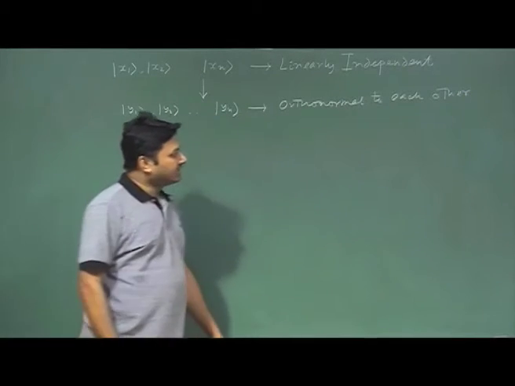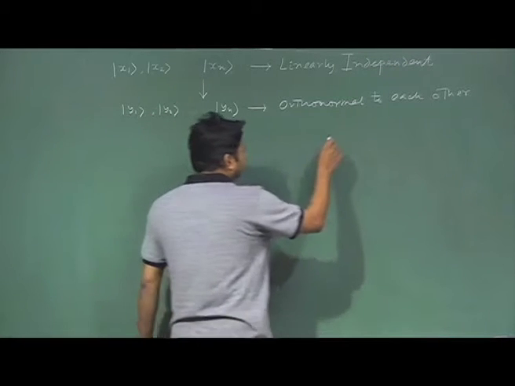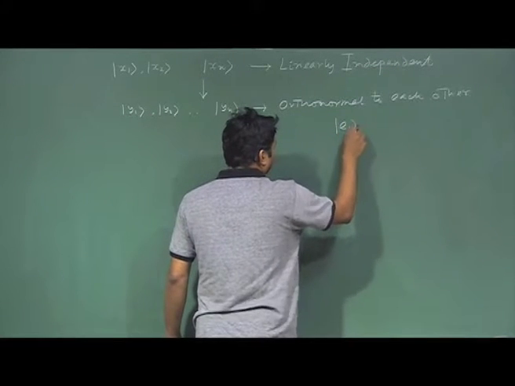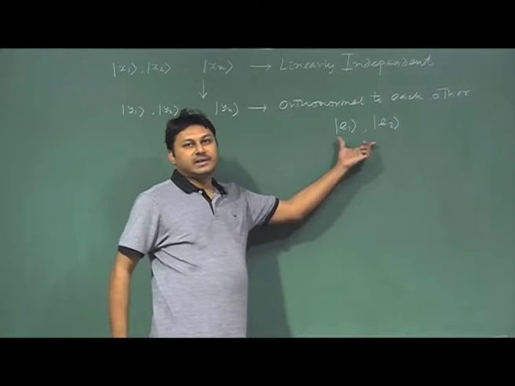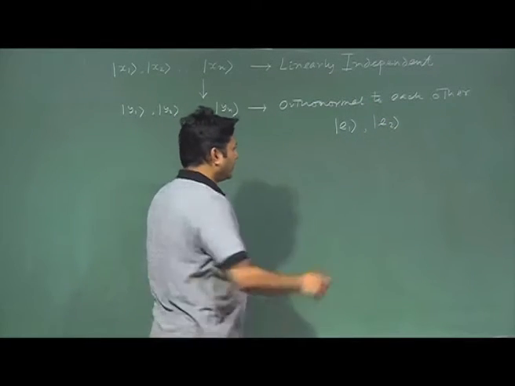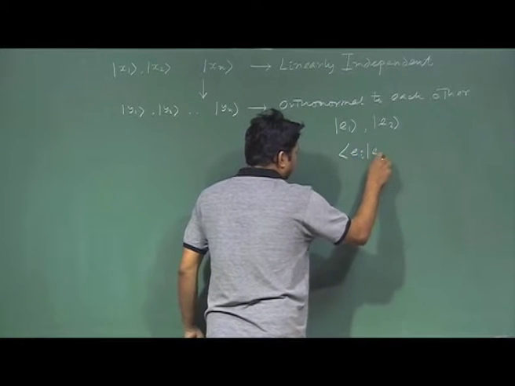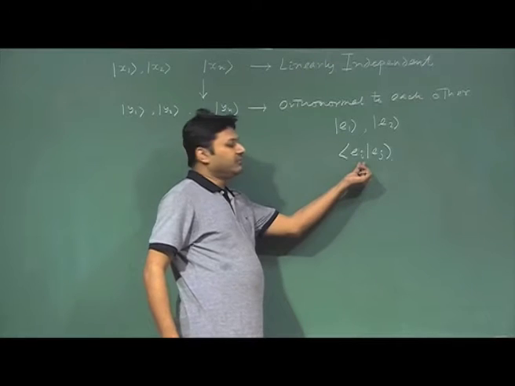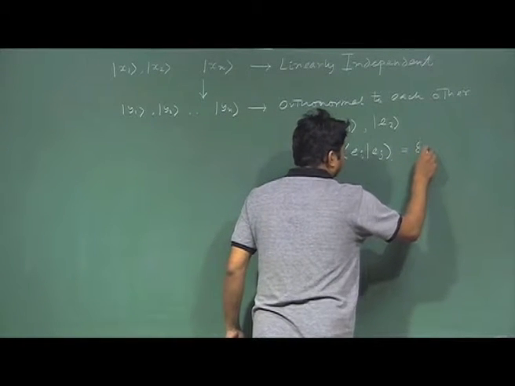In last day's class also I defined something, orthonormality. Orthonormality means if we have vectors, say e1 and e2, when I am saying these 2 vectors are orthonormal, that essentially means that (e i, e j), where I can put any value of i and j, 1 or 2, is equal to delta ij.